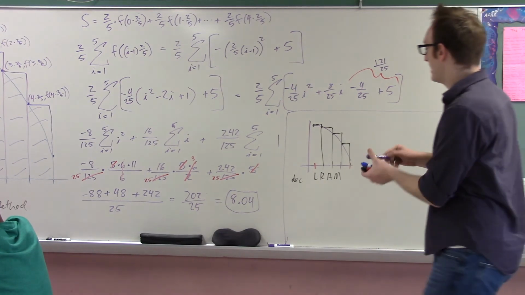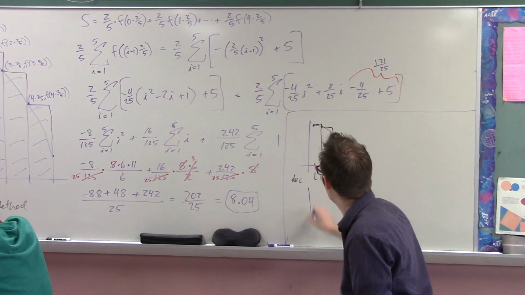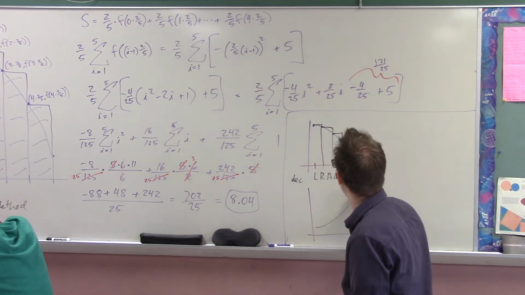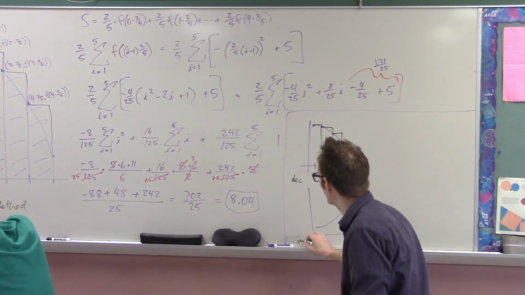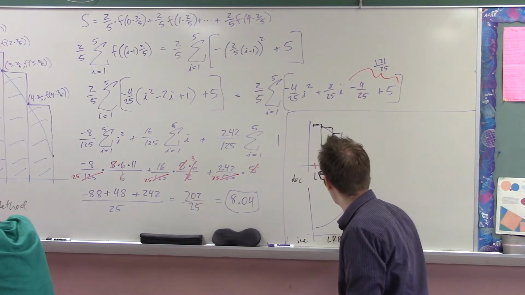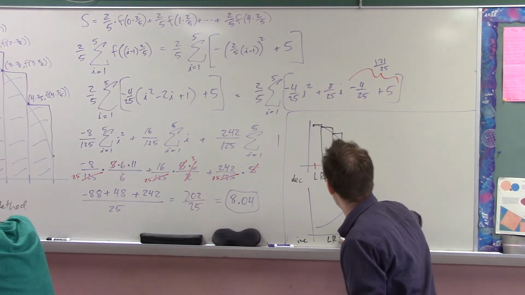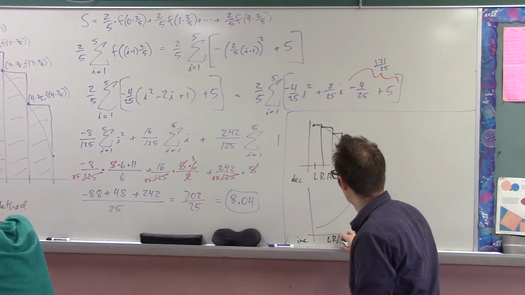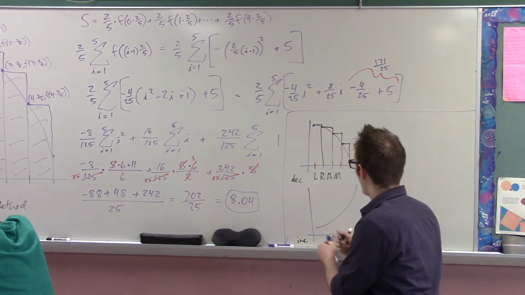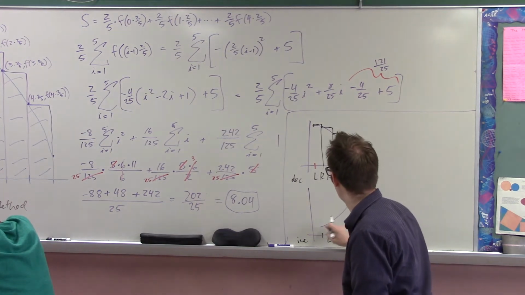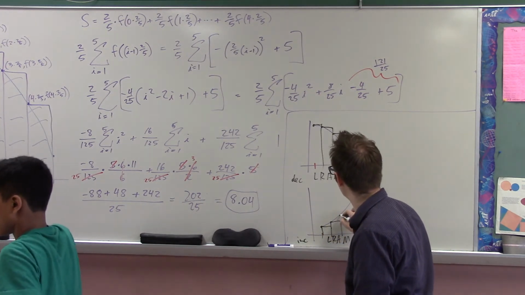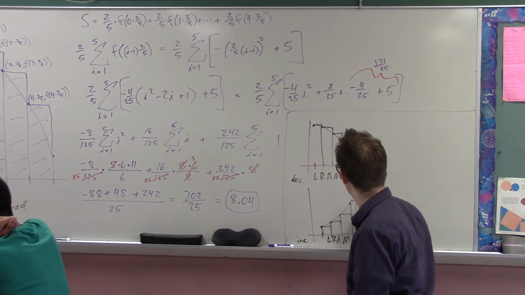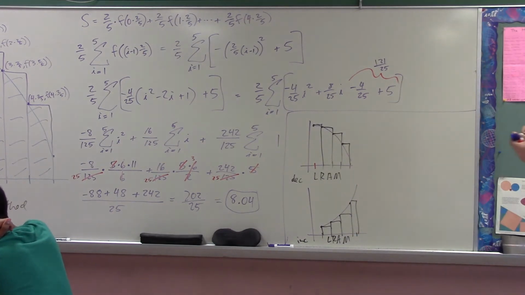On the other hand, suppose I draw an example of an increasing function. If the function is increasing, and I use LRAM, then if we draw a similar kind of picture, by using the left endpoint I am going to produce an underestimate.